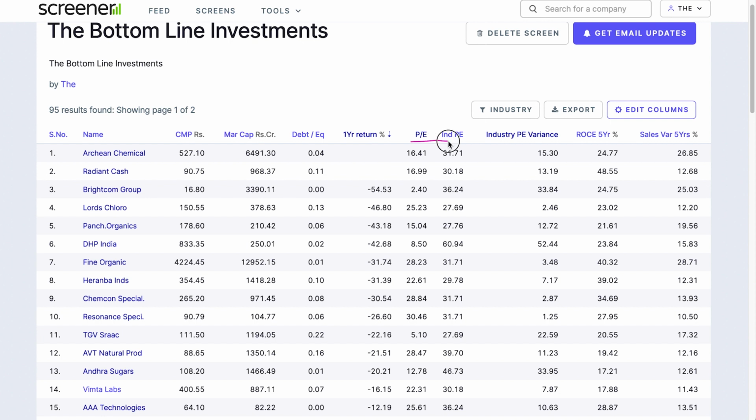The P/E, the industry P/E, and the variance between the two. The greater the variance, the better it is in terms of valuation. ROC again is a filter, sales variance is a filter. Market cap doesn't matter that much, but it comes as a default, and the CMP comes as a default.